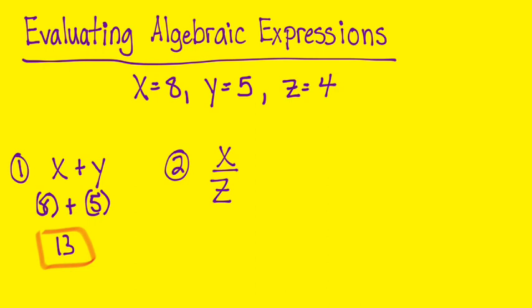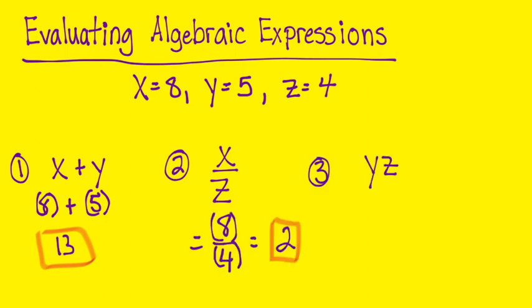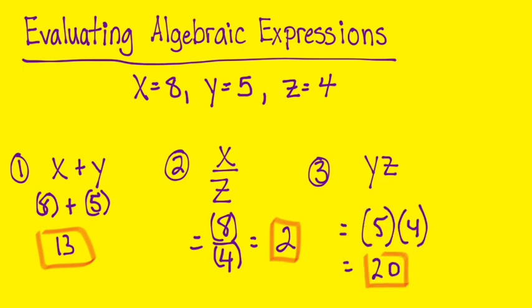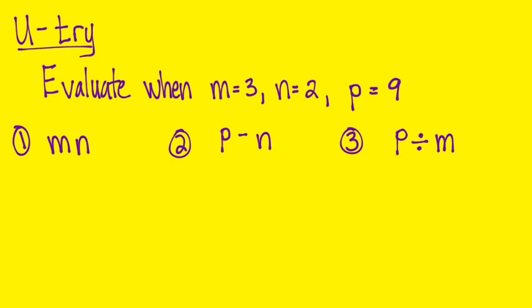And then x divided by z, that's 8 divided by 4, which is 2. And then y times z is 5 times 4, which is 20. Go ahead and do this. You try, pause the video, and check your solutions.